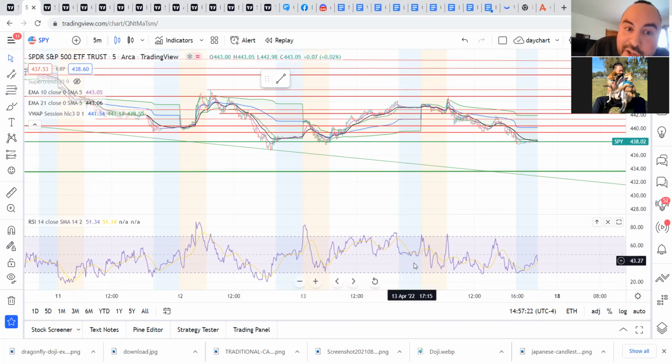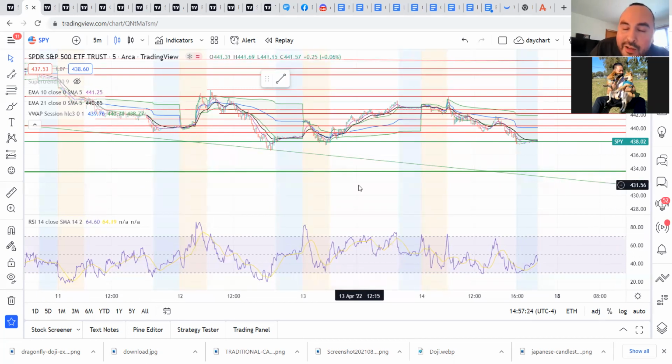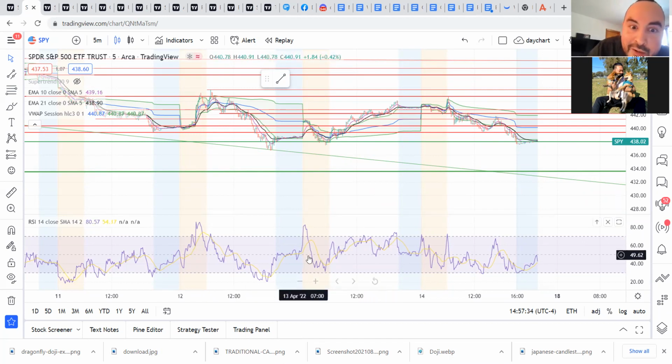Then I'll be looking to exit calls around that 70-ish RSI. That doesn't give a whole lot of room if you get in at 62, but believe me, it's generally enough. That's just some of my own separate rules.